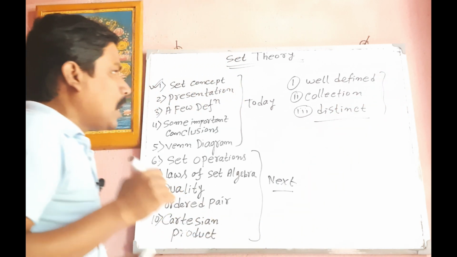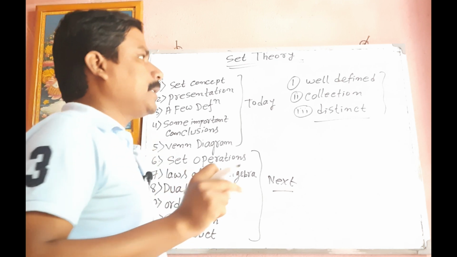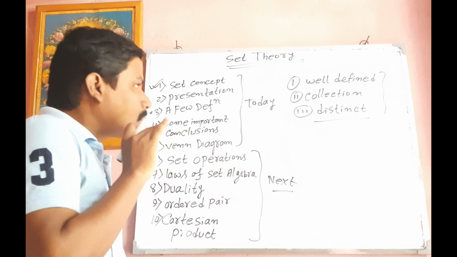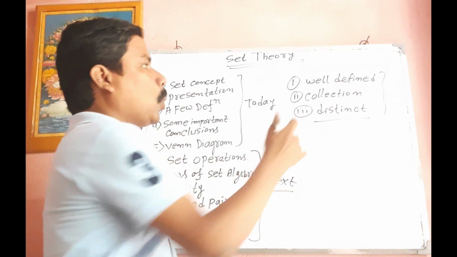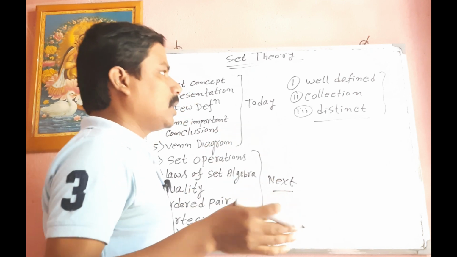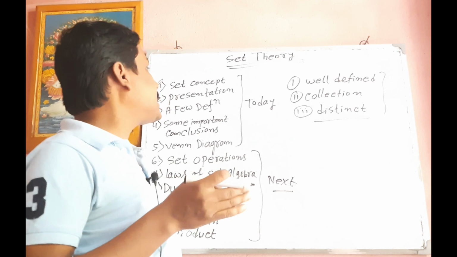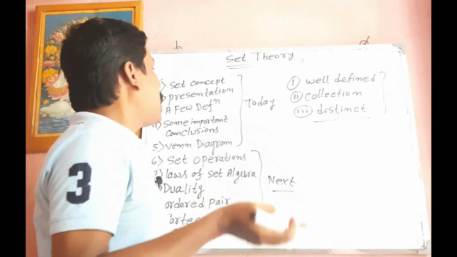So in the concept of set we have to think that a set must be well defined, a collection, and distinct. If these 3 conditions hold, then we can say this is a set.